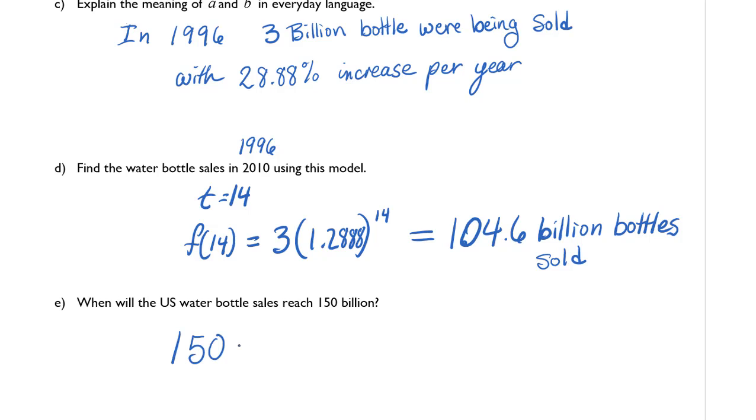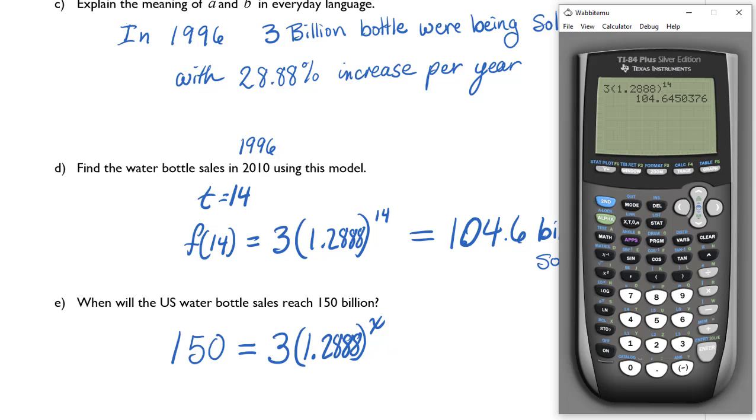So 150 billion is equal to 3 times 1.2888 raised to the x, and we need to figure out what x would be. Now, this would be something better done in your calculator, since we haven't talked about solving logarithmic equations here.